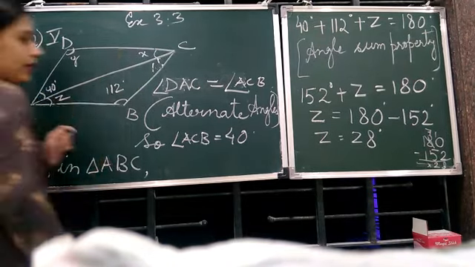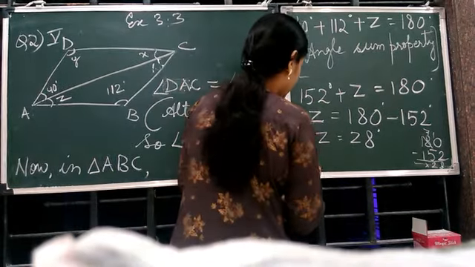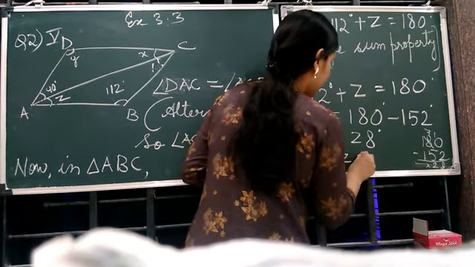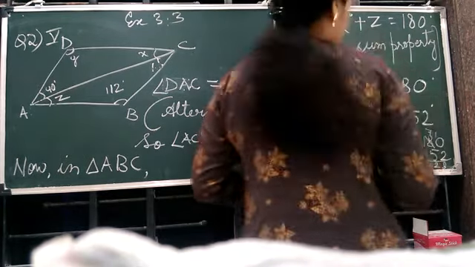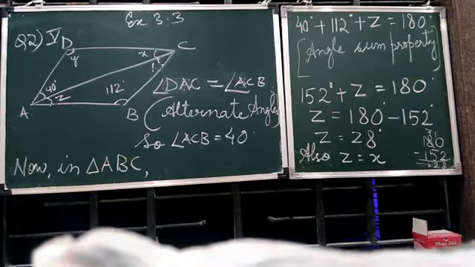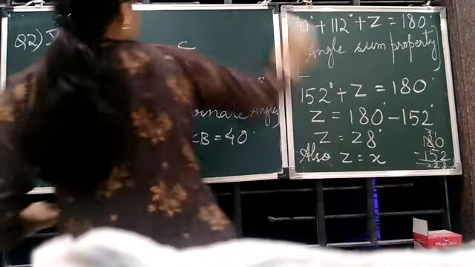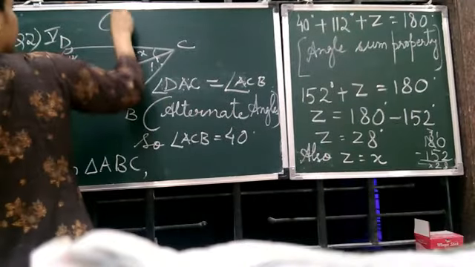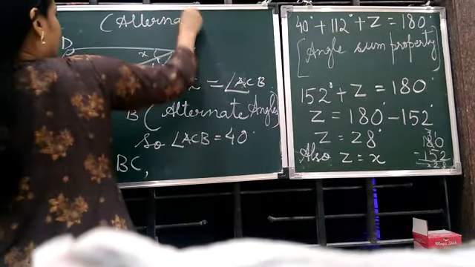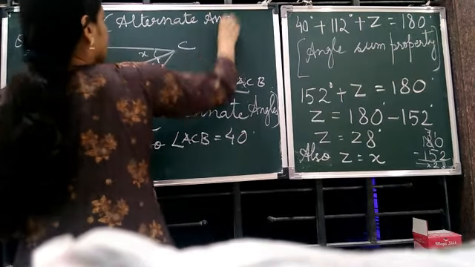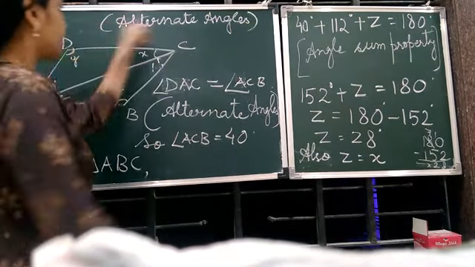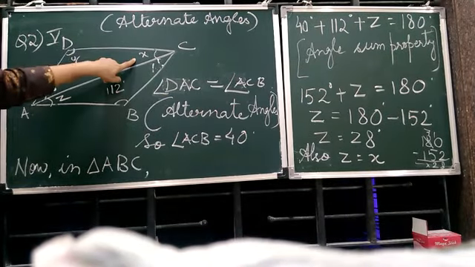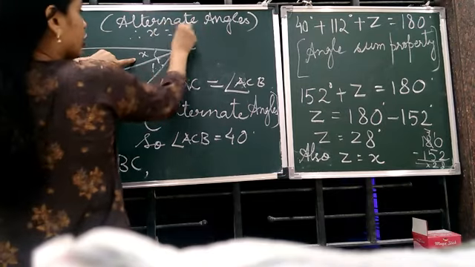So Z is equal to X. We'll write here alternate angles in brackets. I don't have place over there, so I'm writing it here. Therefore, X is equal to 28 degrees.